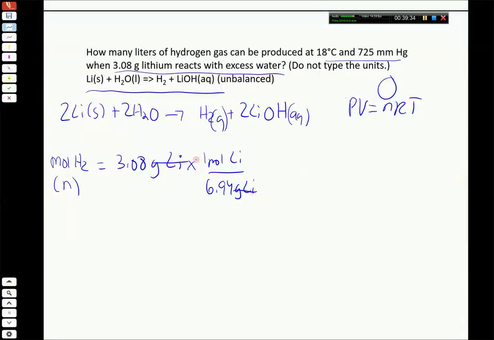So that converts into moles of lithium. We look at the balanced equation. We're going to form 1 mole of H2 per 2 moles of lithium, because that has a coefficient of 2. And so this gives us how many moles of hydrogen we're forming, which is 0.464.